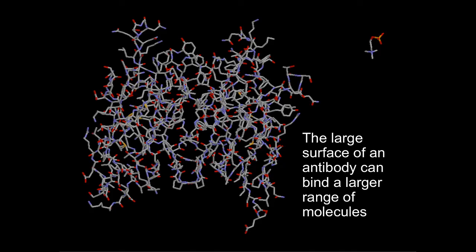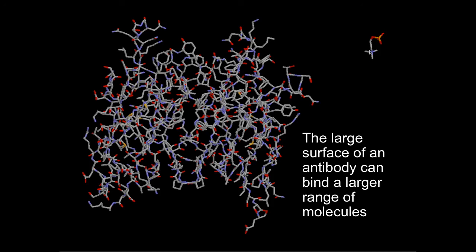And this slide just shows you, for scale, a bit of a comparison. Here we have just part of an antibody, so we saw that Y shape of the antibodies. This is just the ends of those arms, or the end of one of those arms, showing you the approximate size. And this is a phosphocholine molecule.